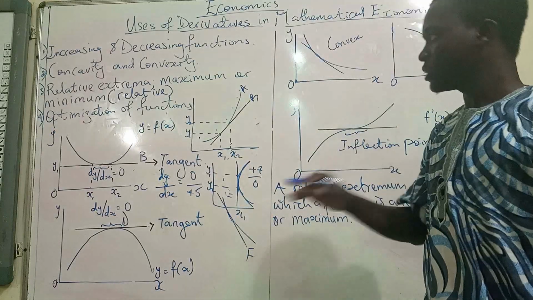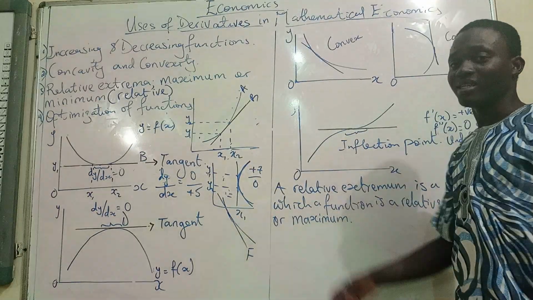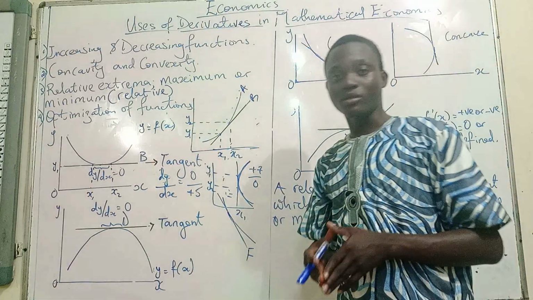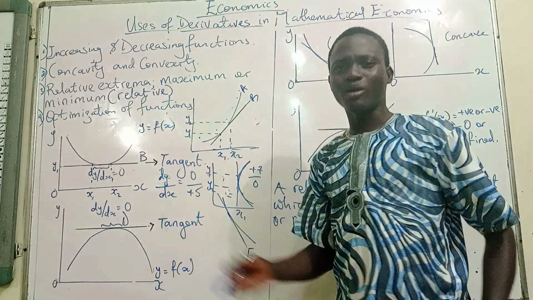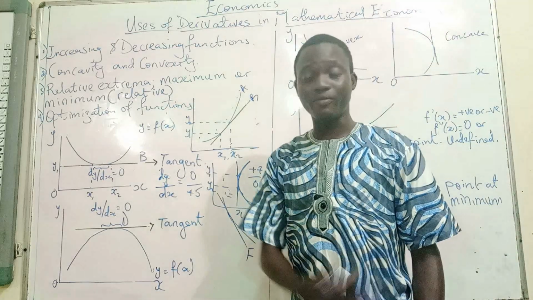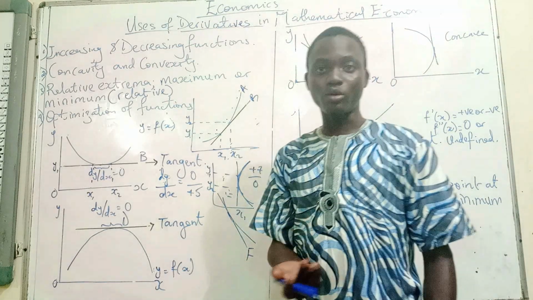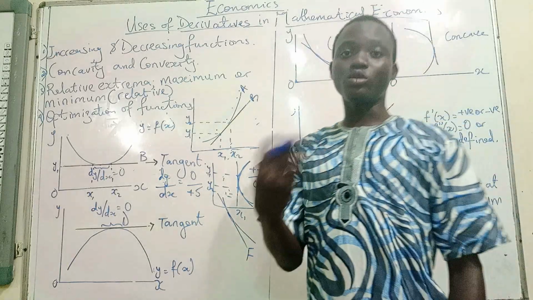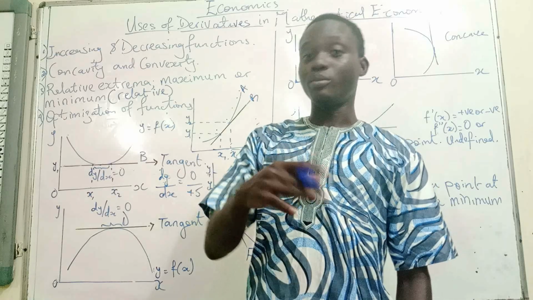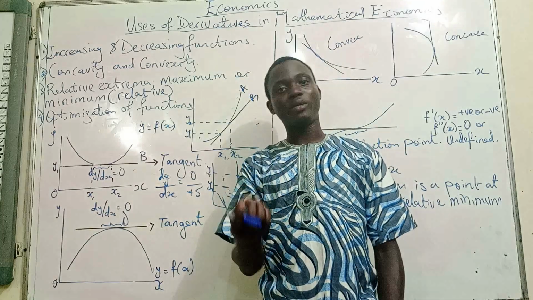This is what the bulk of economics is all about, especially microeconomics. We're talking about optimization, maximization of revenue. Of course, revenue is a good thing. So in economics, what is good you maximize, what is bad or not good you minimize. So cost is meant to be minimized.